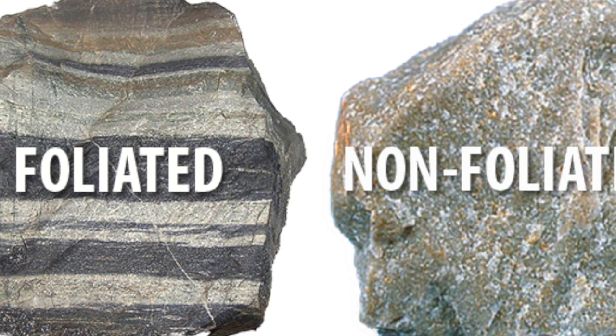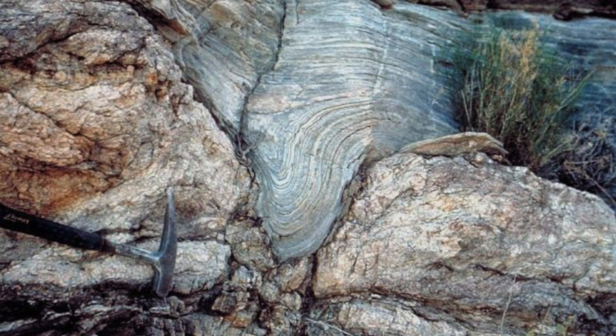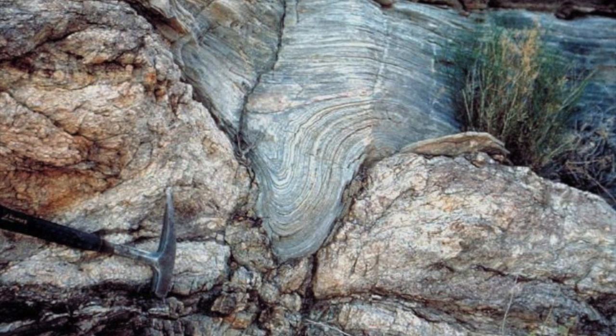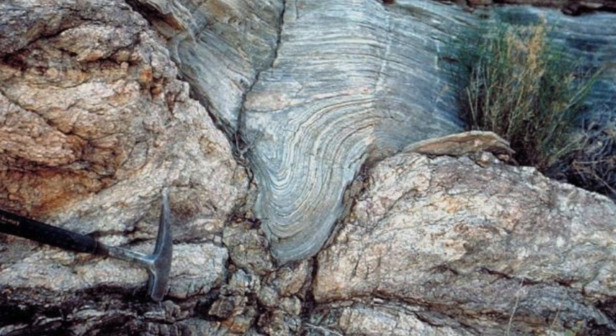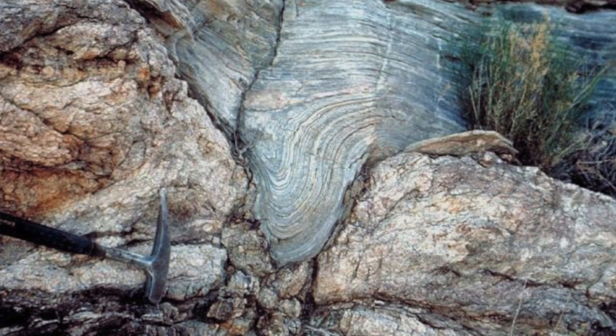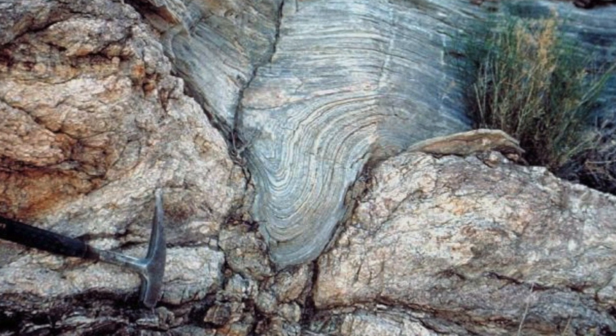Foliated means that there's a parallel alignment of certain mineral grains that gives the rock more of a striped appearance. Foliation forms when the pressure squeezes these minerals together so hard that they become aligned into sheet-like structures that reflect the direction of where the pressure was applied.